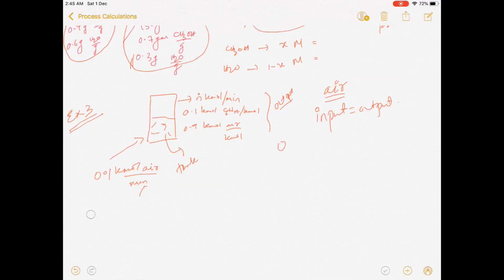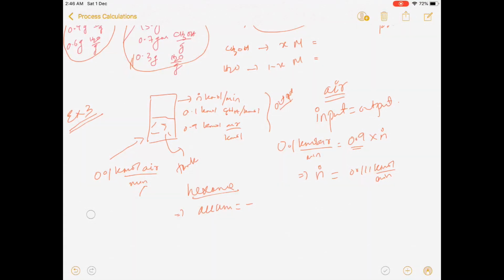So the input is 0.1 kilomole air per minute, that is equal to 0.9 into n dot, where 0.9 is the mole fraction, and solving, n dot comes out to be 0.111 kilomole per minute.